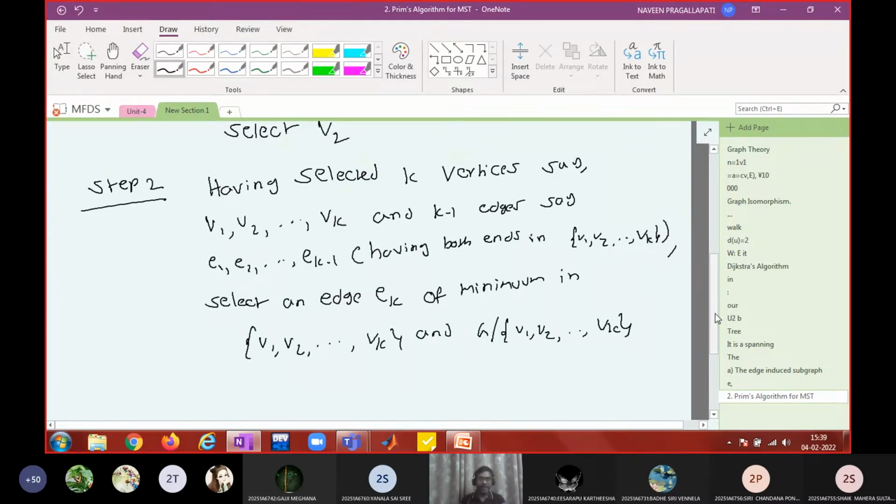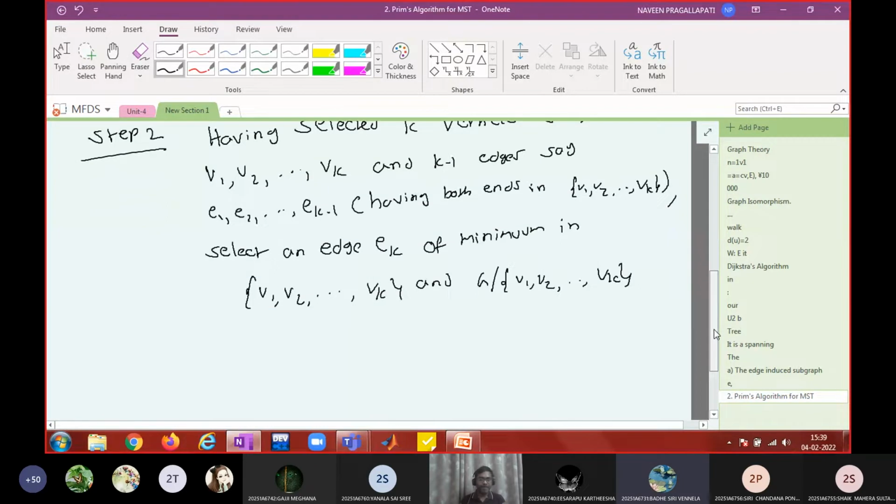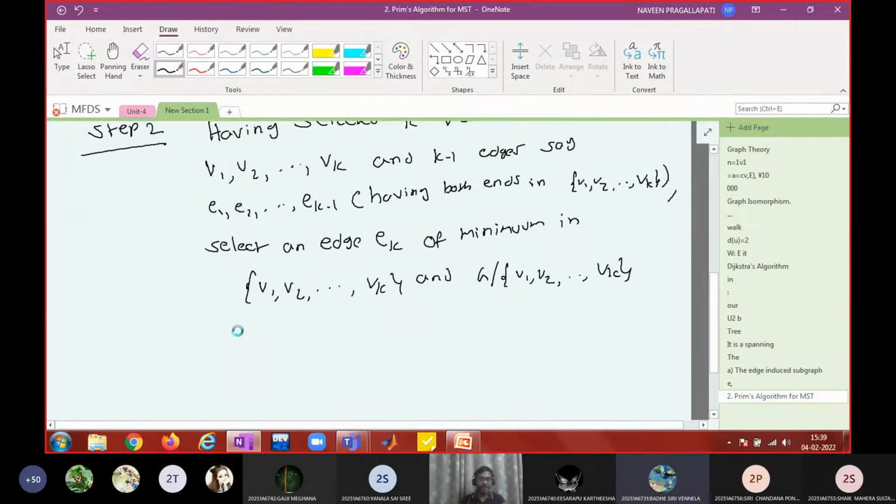Sir, tell me, if we did G minus V1, V2 and so on till Vk, wouldn't there be no vertices, sir? Let us suppose G is having 10 vertices.